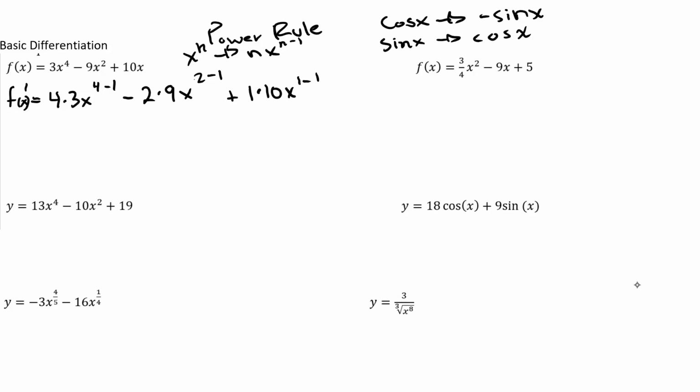All right, so we've got x to the 0 here, so that's just going to be 1, so our last term is 10. Then we've got -2 times 9, which is -18. X to the 2 minus 1 is x to the first. Then we have 4 times 3, 12. X to the 4 minus 1, 3.